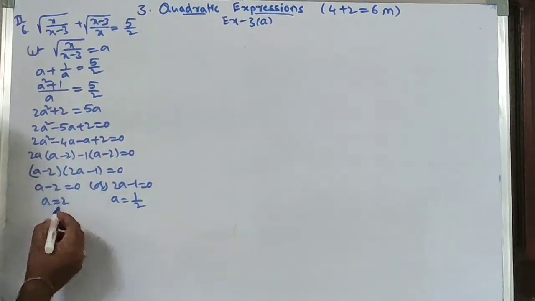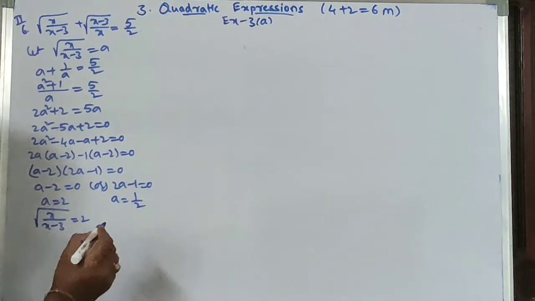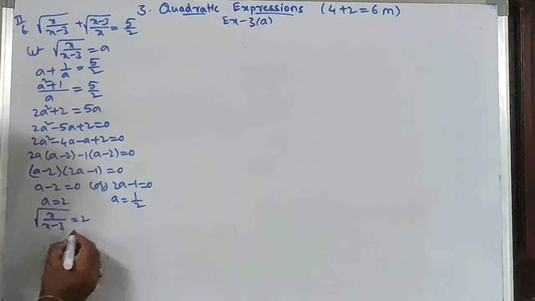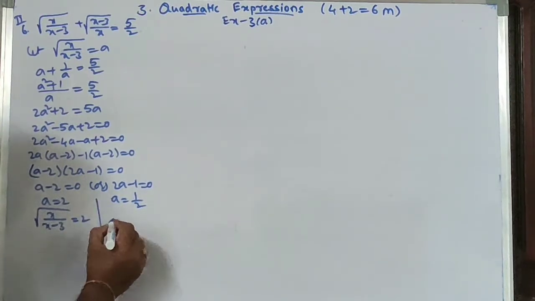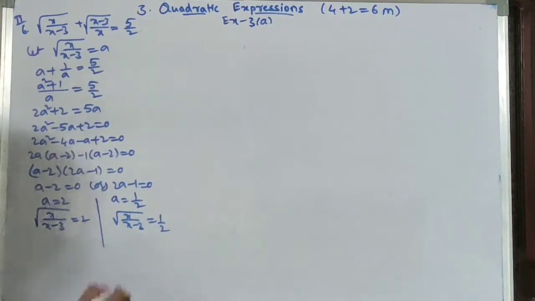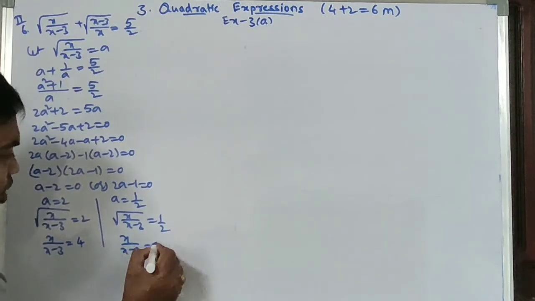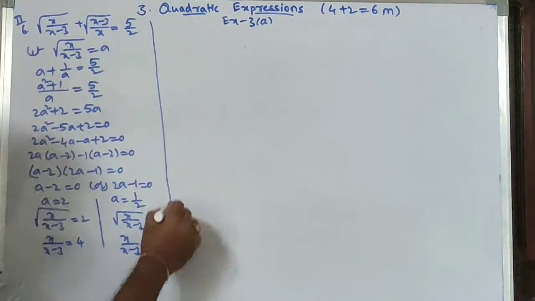Now, what is a? Under root of x by x minus 3 equal to 2, or under root of x by x minus 3 equal to 1 by 2. Squaring on both sides, x by x minus 3 equal to 4, or x by x minus 3 equal to 1 by 4.